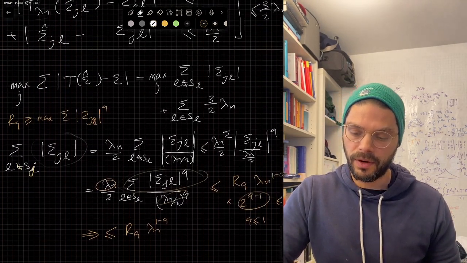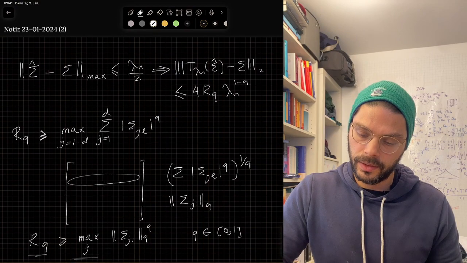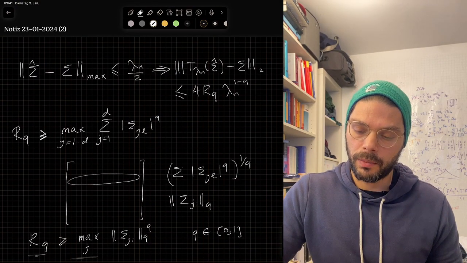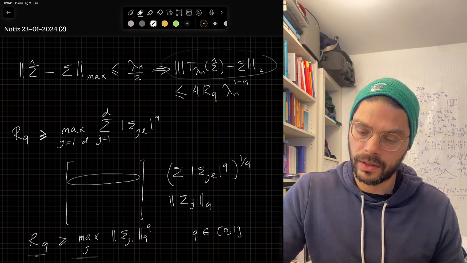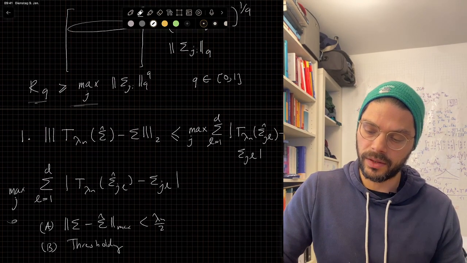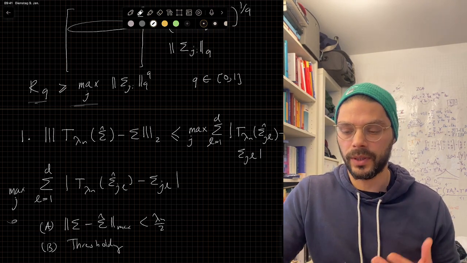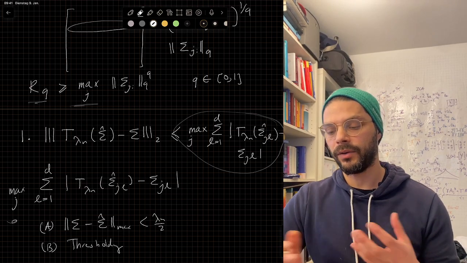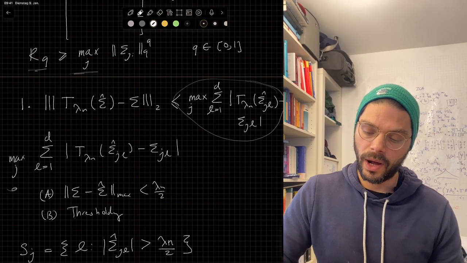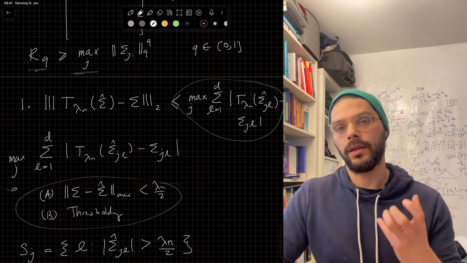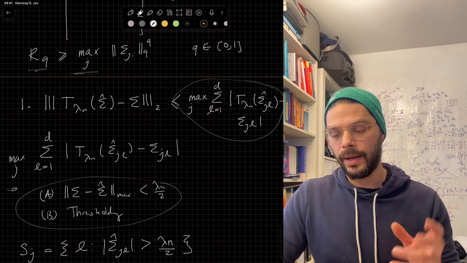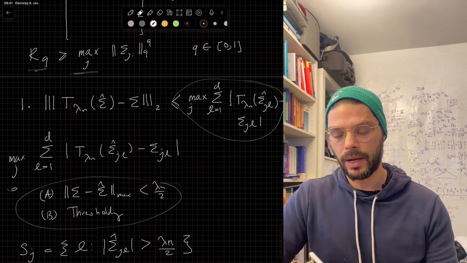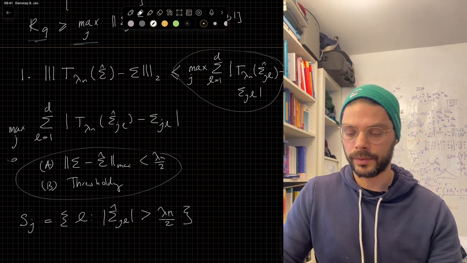So remember the very first bit is, we're trying to bound this operator norm, and we've been able to relate this in an earlier exercise to the maximum row sums, and now we're going to talk about how to bound those maximum row sums while using the information that we have, which is that the difference between the covariance elements and their empirical values are bounded by this lambda parameter, and the fact that we're thresholding.